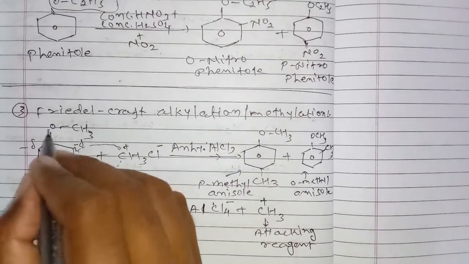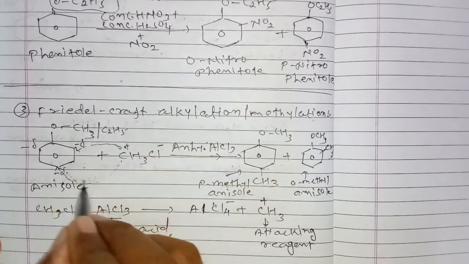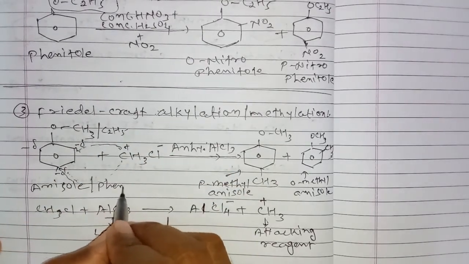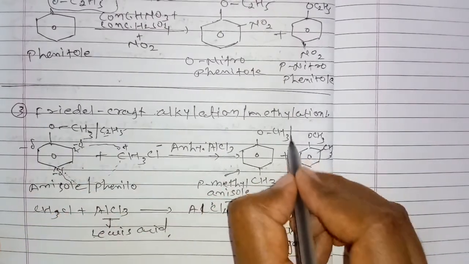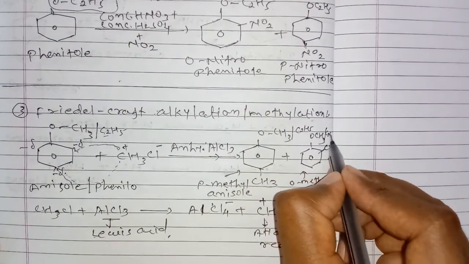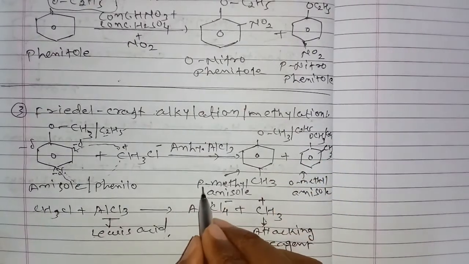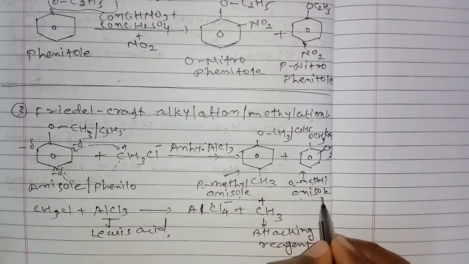And here if we used phenol OC2H5, it is called paramethyl phenol and orthomethyl phenol.